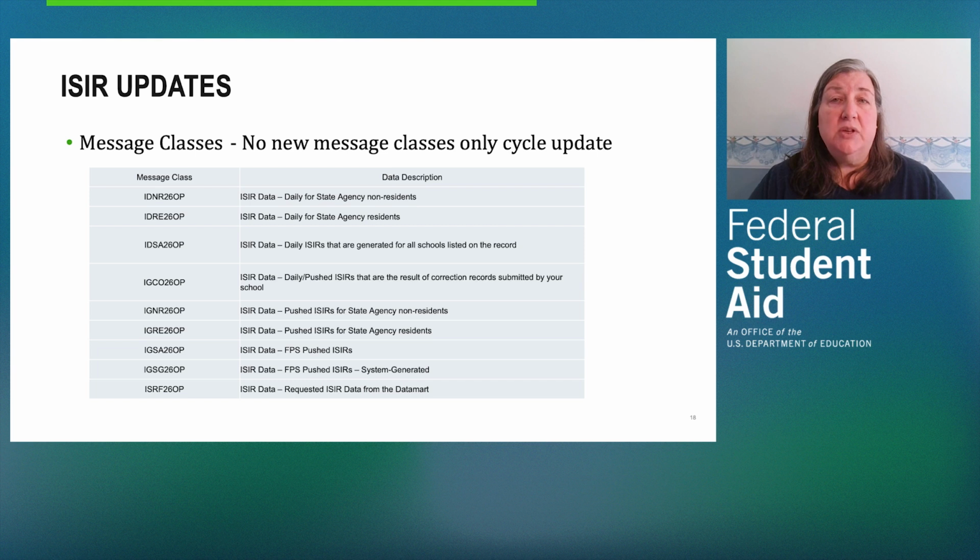The only thing is we'll use all the same message classes, but the middle two digits have been increased from 25 to 26. So the 26 indicates these are the files for the 25-26 cycle. The one new message class that we have here is around the ICER request, and I'll cover that a little bit when we get to the FAFSA Partner Portal section.